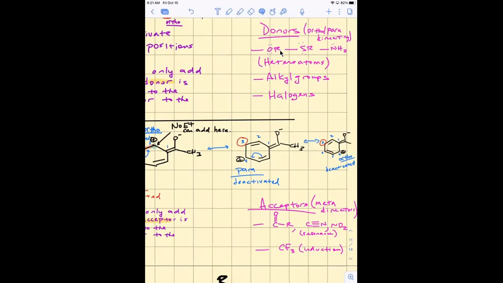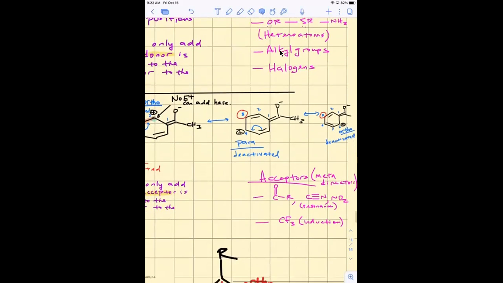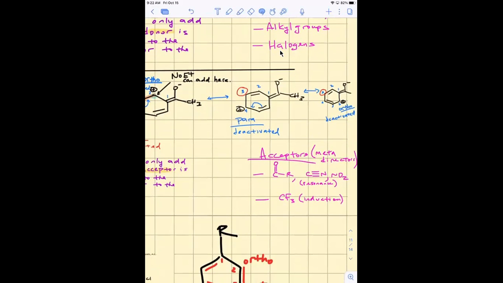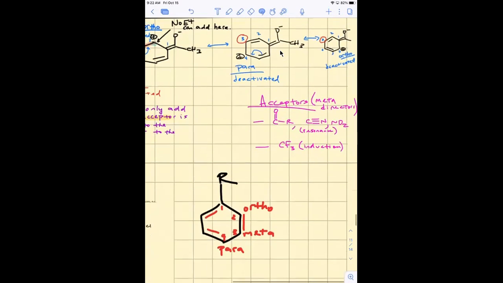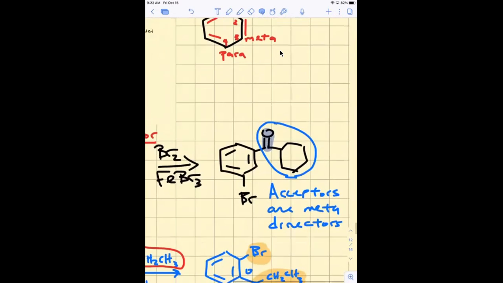Those are examples of donors. And then acceptors would be carbonyls, nitriles, nitro groups, trifluoromethyl, which would be inductively accepting.